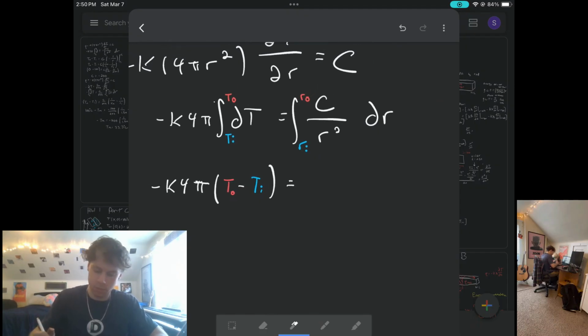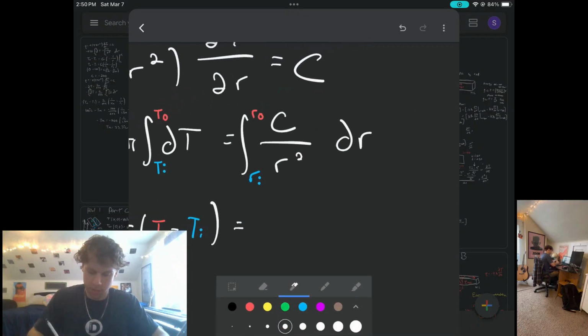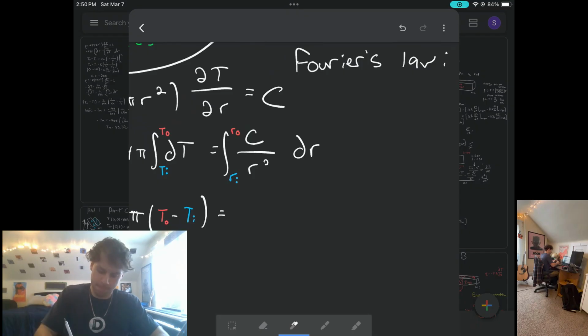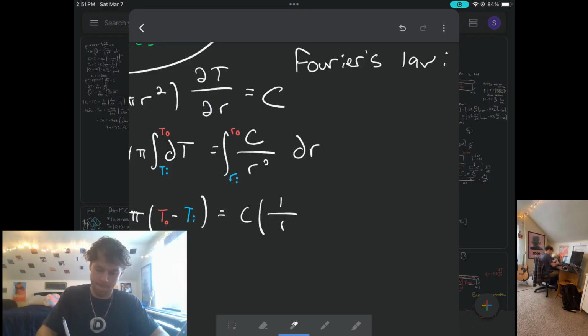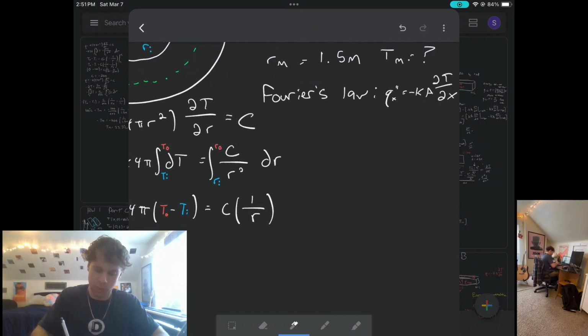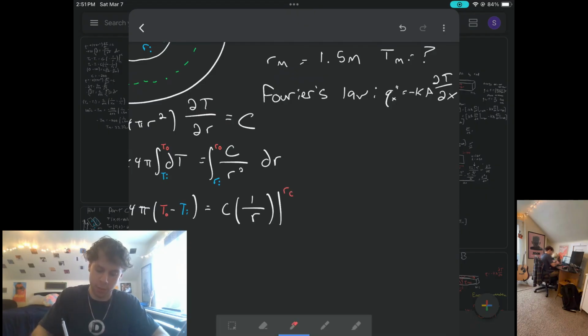is equal to our heat flow constant C times 1 over our radius, evaluated from our inner radius to our outer radius.